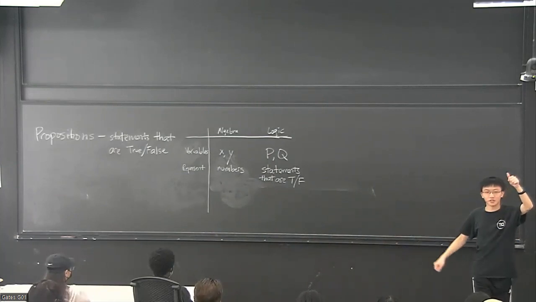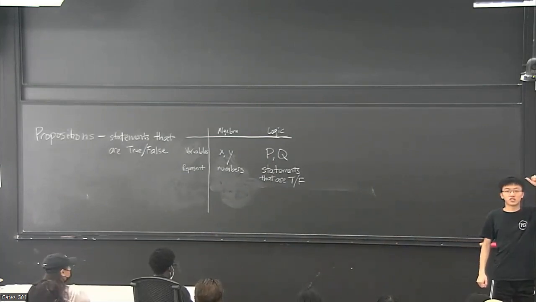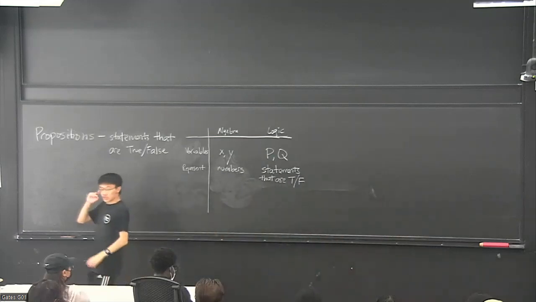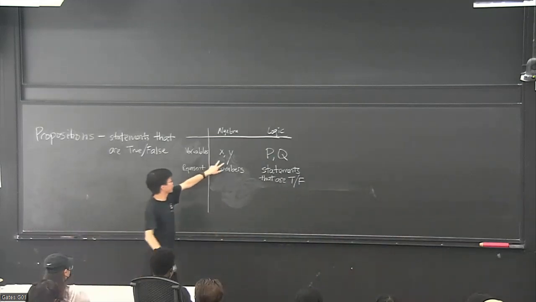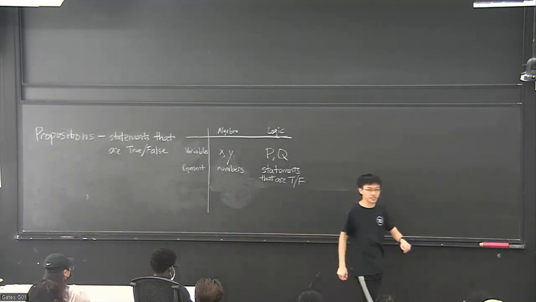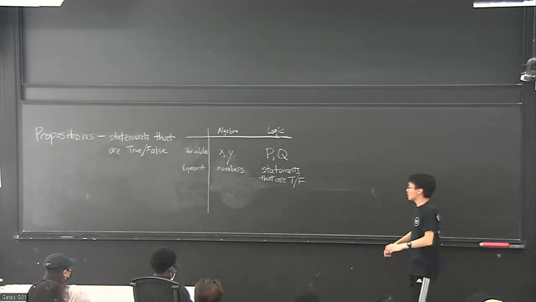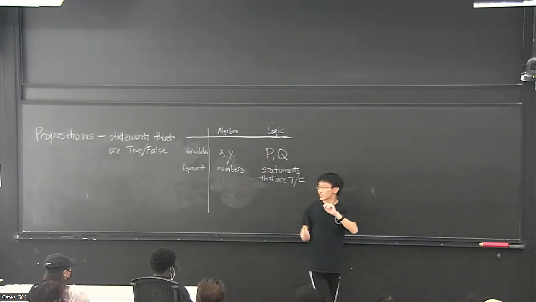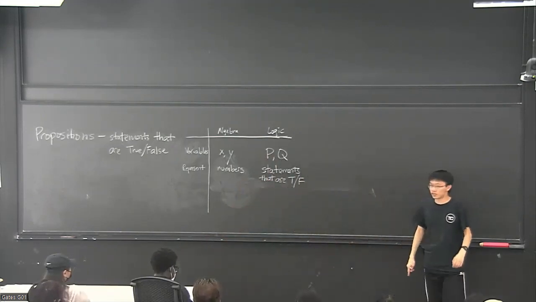Is the board writing okay? So just as in algebra we might have variables like x and y which represent numbers, in logic we can also use variables like p and q or any other letter to represent statements that are true or false.